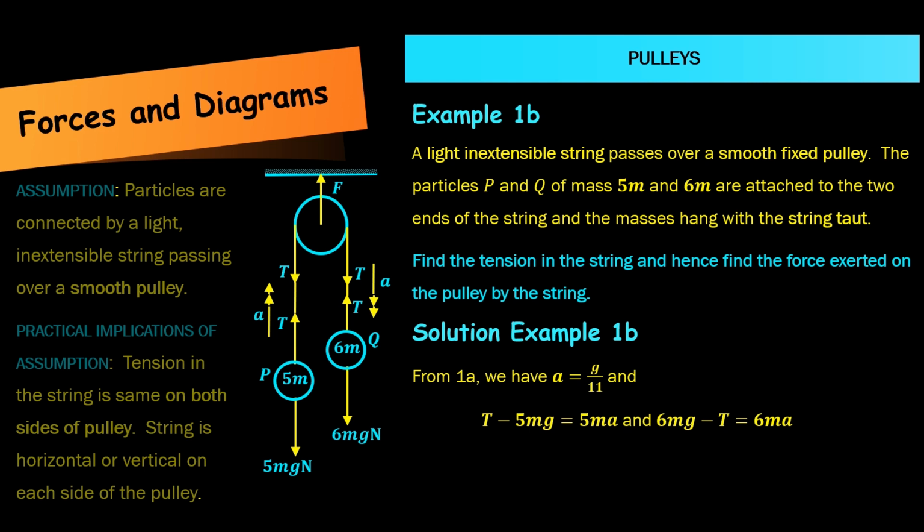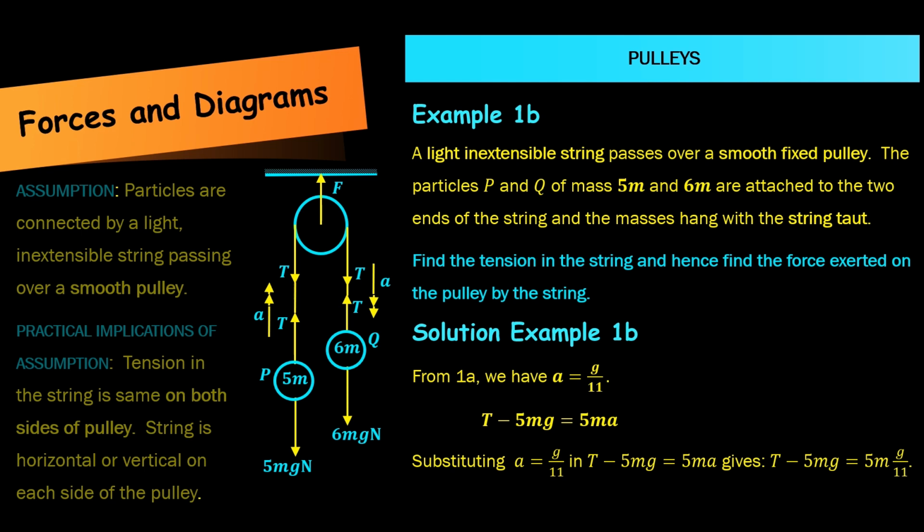We can substitute a into any one of these two equations in order to find T. We're going to select this one. Substituting a equals g over 11 in this equation gives us T minus 5mg equals 5m times g over 11.